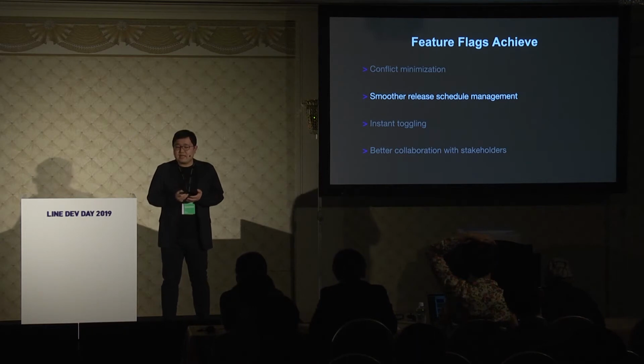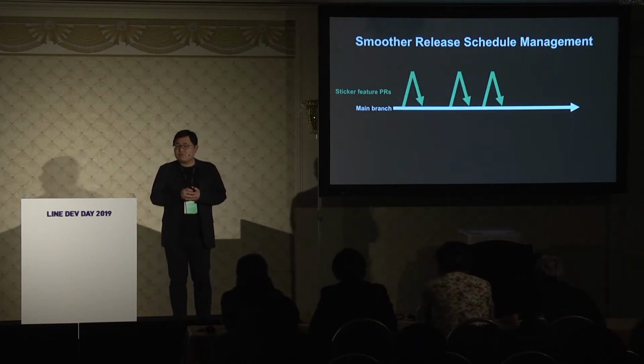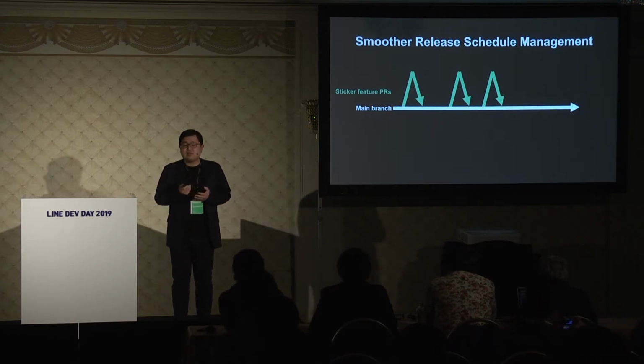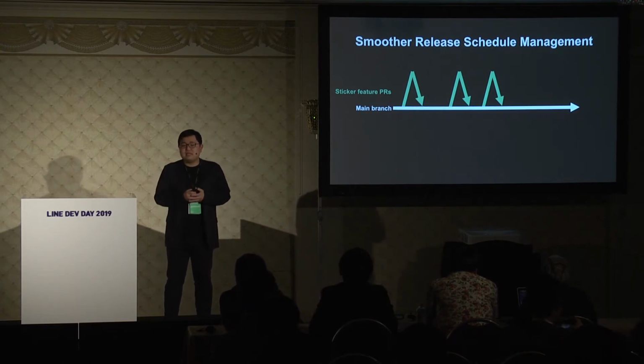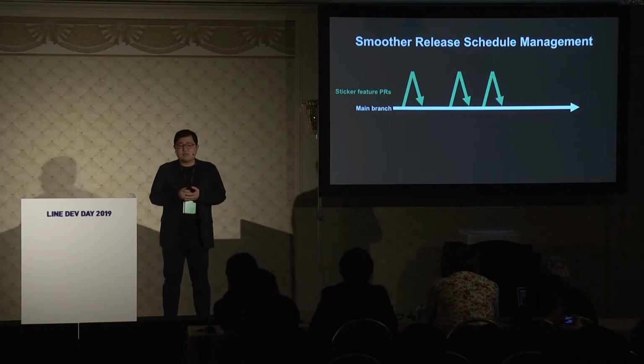The second point is the release schedule of the feature management. Management of the release schedule is much easier. As I mentioned before, with feature flag development, all the pull requests are merged into the main branch, whether the feature is completed or not.